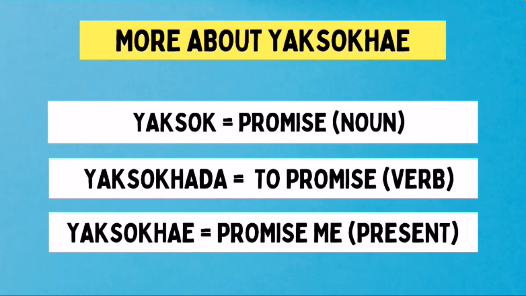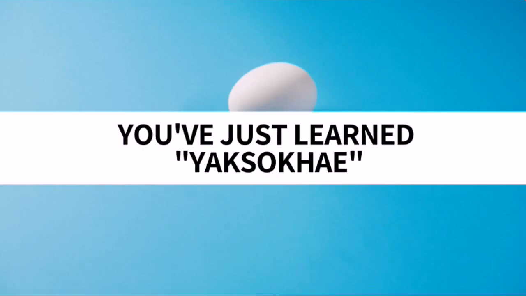When we transform yaksokhada into its present tense form, it will become yaksokhae. So the term yaksokhae can be used to say, promise me, or this could also be used to say, I promise. Take note that the term yaksokhae is in its informal form. And with that, you've just learned yaksokhae.